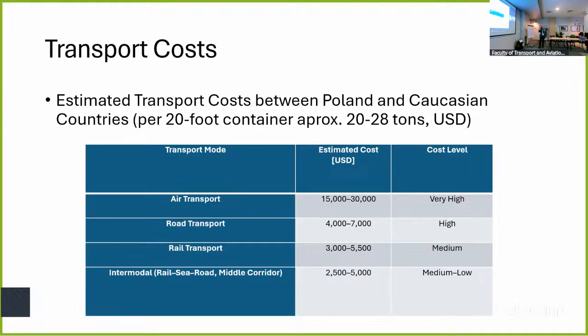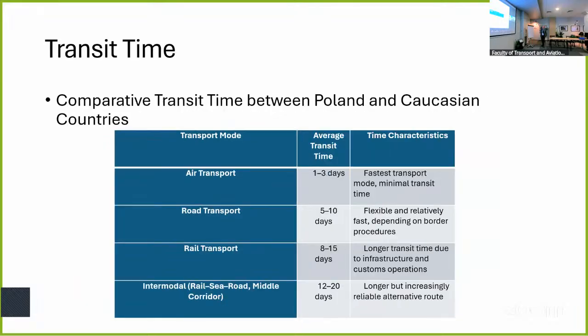So we can notice what is the price of transport for a 20-foot container, which is a standard container: from a maximum of 30,000 USD, and the lowest is 2,500. The transit time is from 1 day to even 12 days.